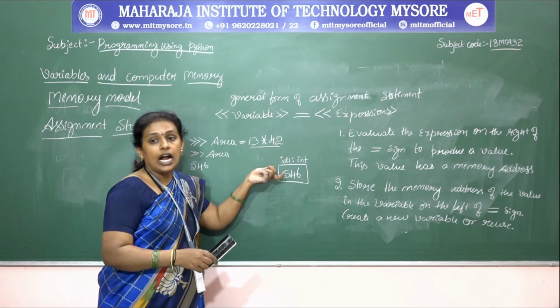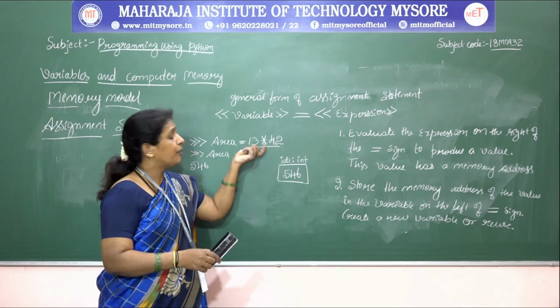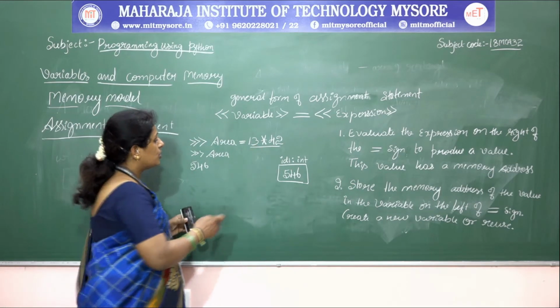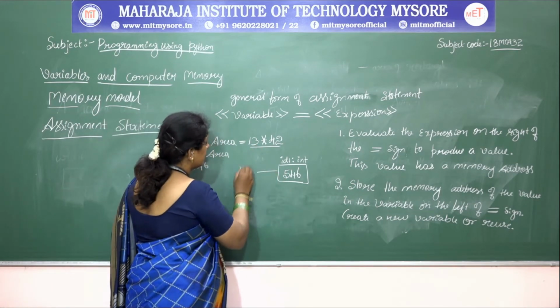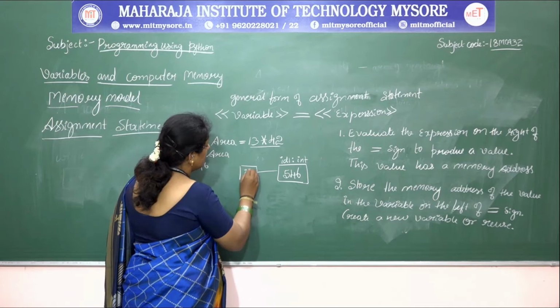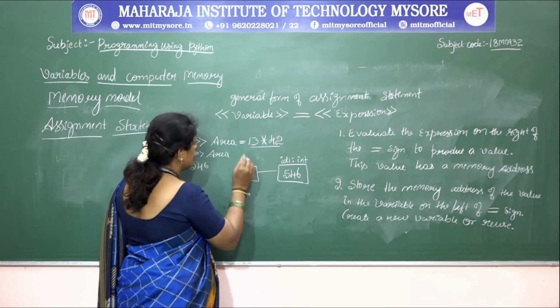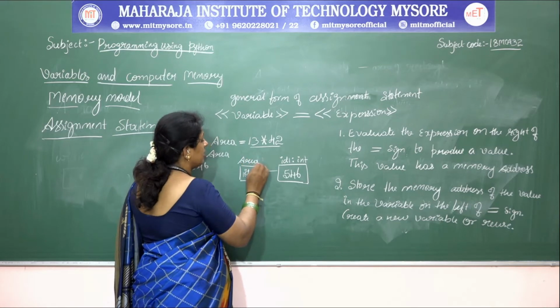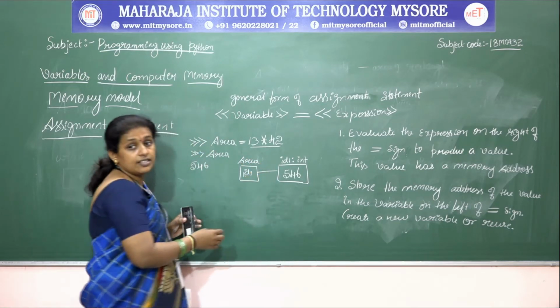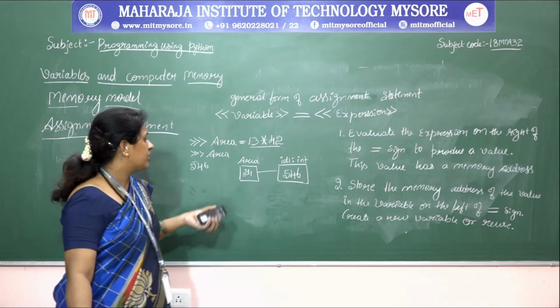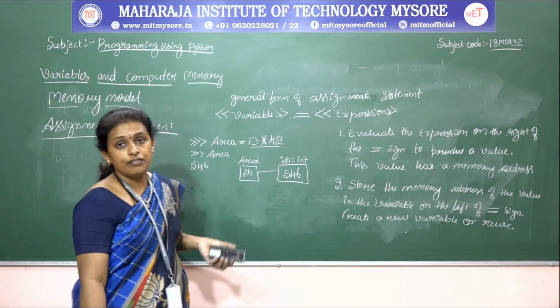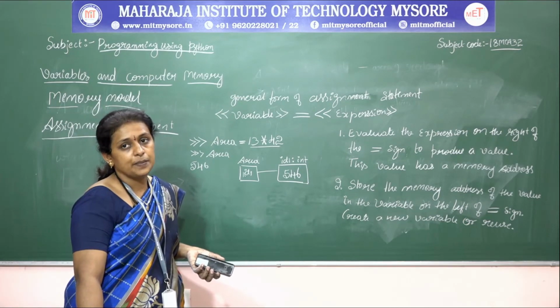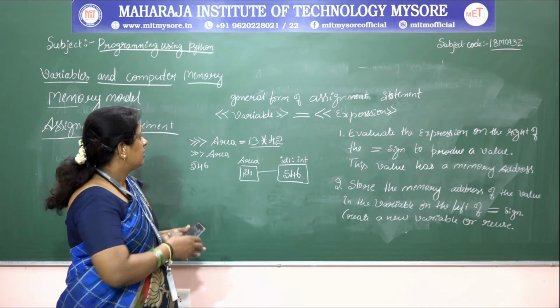I need to store the address of this produced value. So here I assign IDE 1 and refer to it as area. This is how we execute assignment statements.